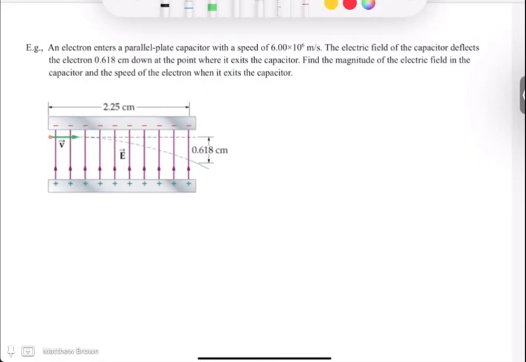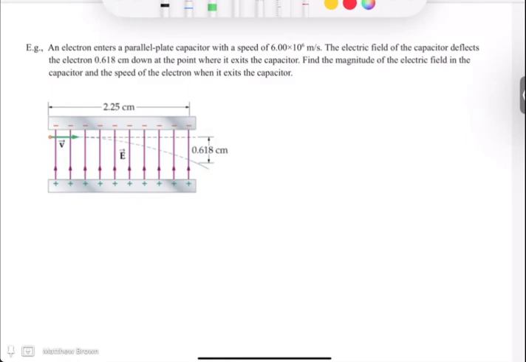The electric field of the capacitor deflects the electron 0.618 centimeters, and that's shown down here in the diagram, so you can see the path of the electron at the point where it exits. Find the magnitude of the electric field in the capacitor and the speed, or I guess probably should have said velocity, of the electron when it exits the capacitor.